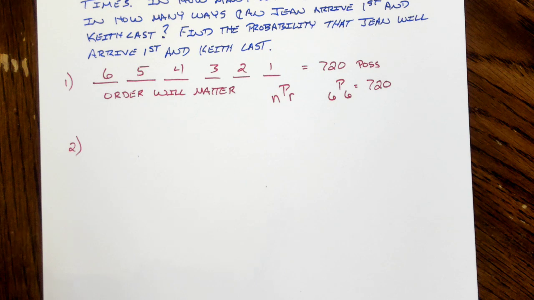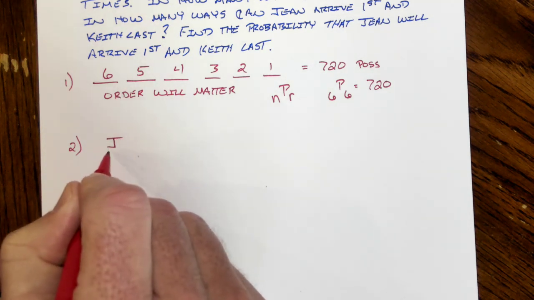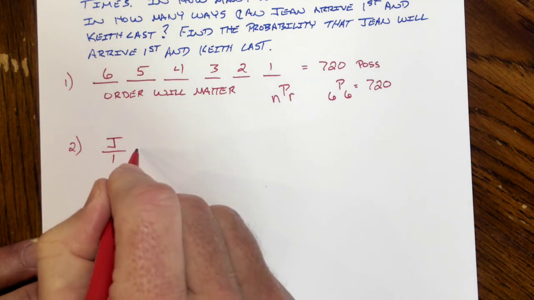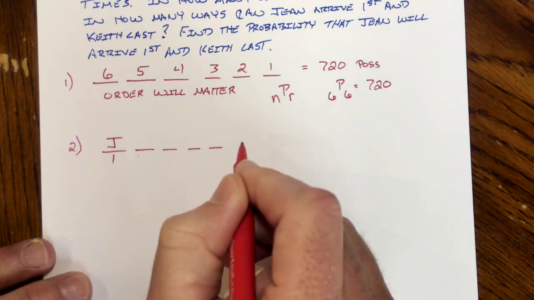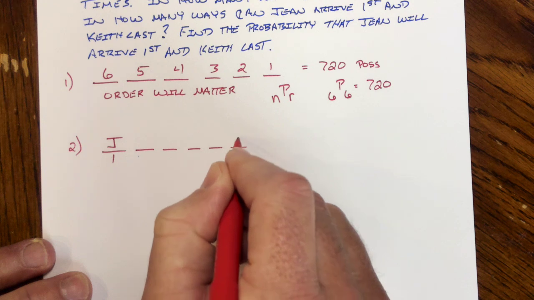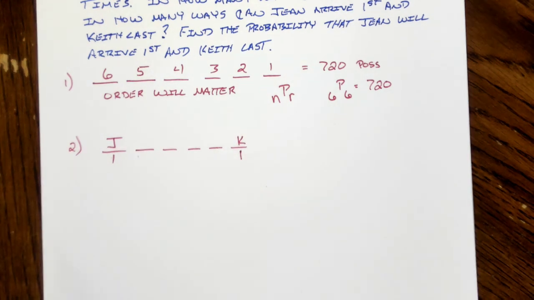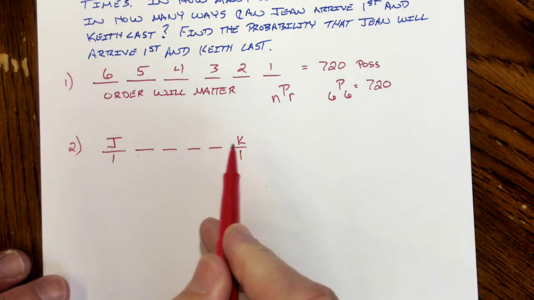Second question, then, put some limitation on it. We want, in the second question, Jean to arrive first. There's only one way that can happen. She's only one person. And then 2, 3, 4, 5, 6. Keith has to arrive last. Only one way that can happen. There's only one Keith in our group. So now that changes things a little bit. Jean only, Keith only.